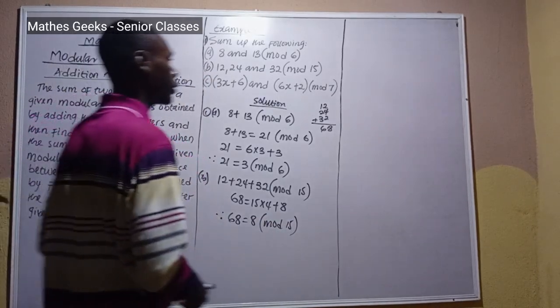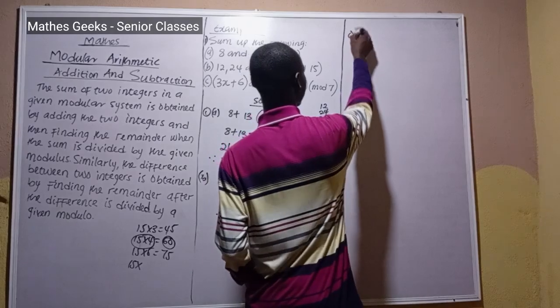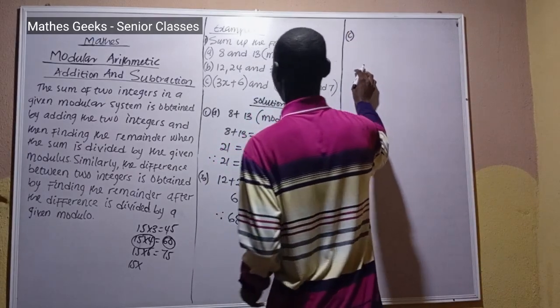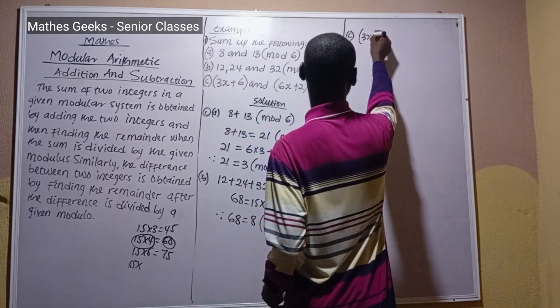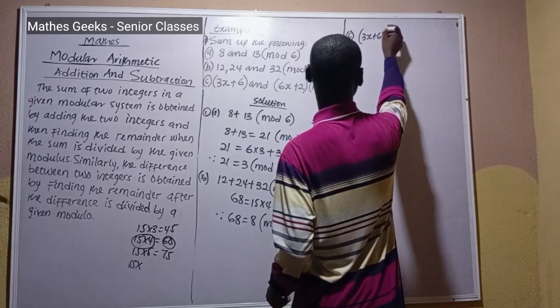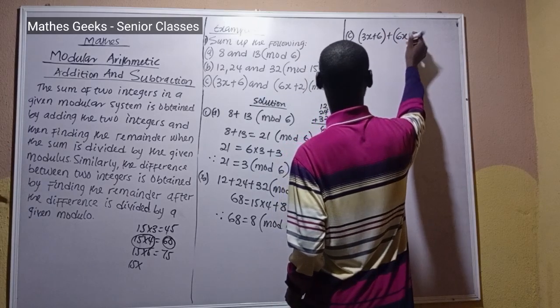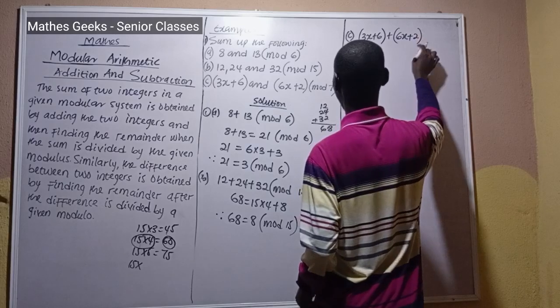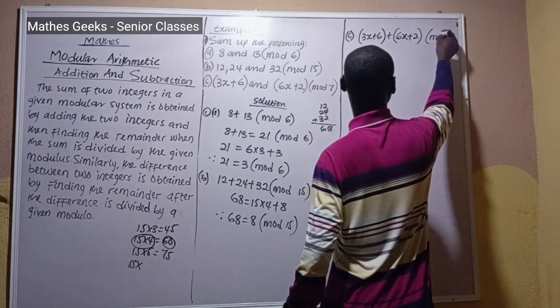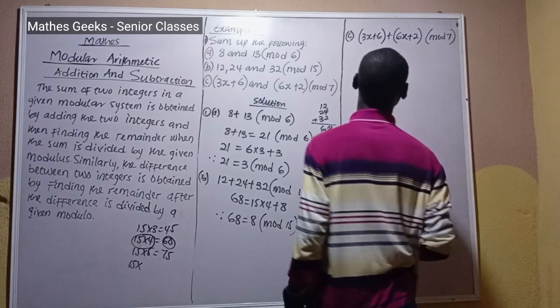The next is C. C is 3x plus 6 plus 6x plus 2. The addition is to be done in mod 7.